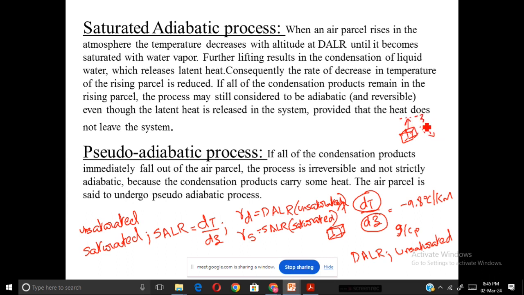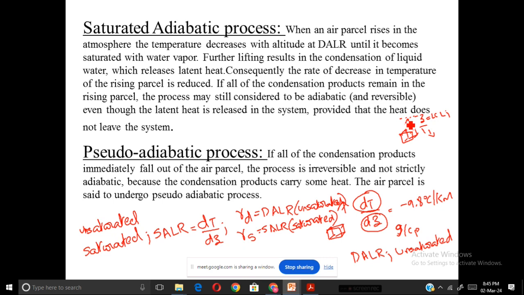At some level, Z equal to LCL, it will become saturated. So we are rising the parcel, and at some point the parcel became saturated. Once the parcel became saturated, if we further lift the parcel, condensation will start to occur, which releases latent heat. Consequently, the rate of decrease in temperature of the rising parcel will also be reduced. So dT by dZ will also reduce.